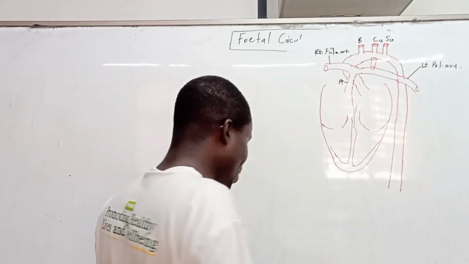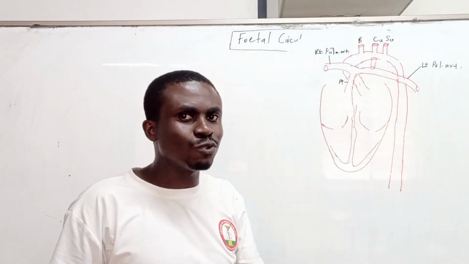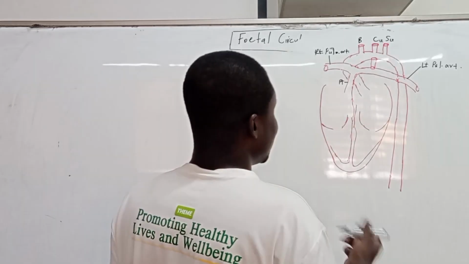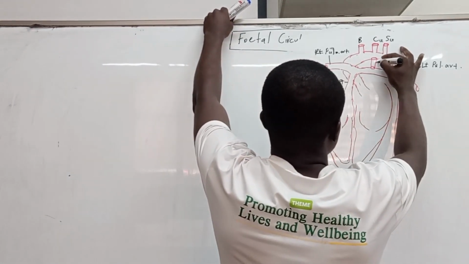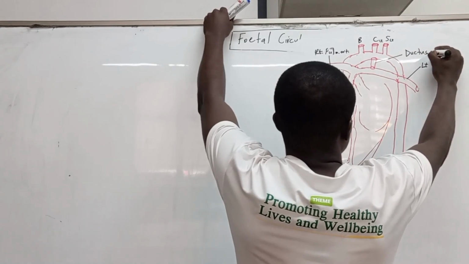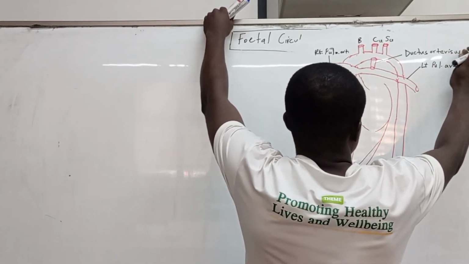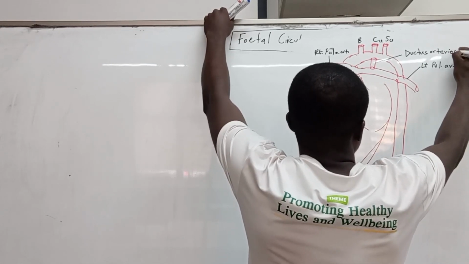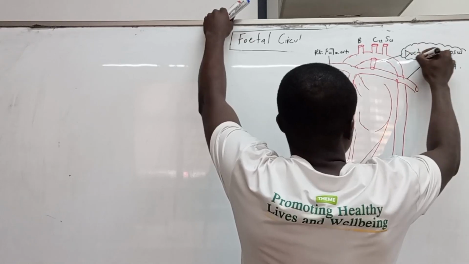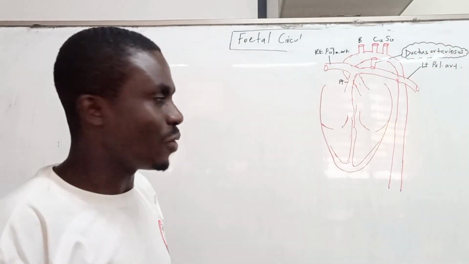Because we are looking at arteries, it becomes a ductus arteriosus. I wanted to put down over here that this is the ductus arteriosus, and I want you to highlight it because it's one of the important duct systems I want you to become aware of.